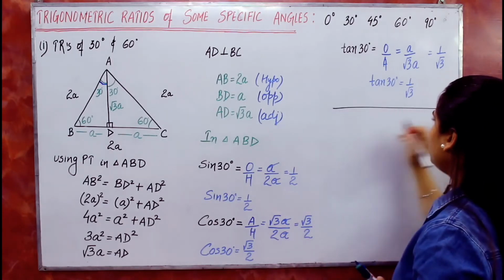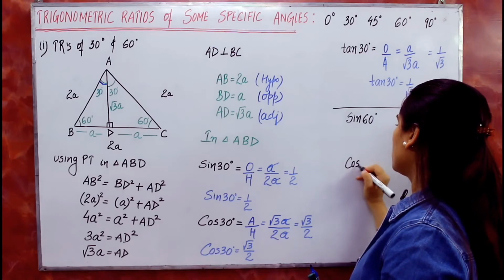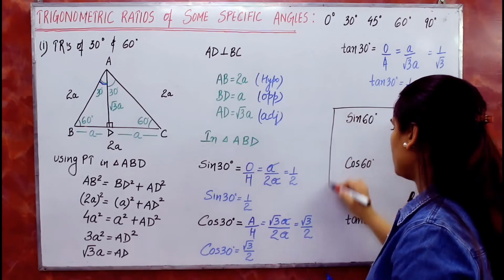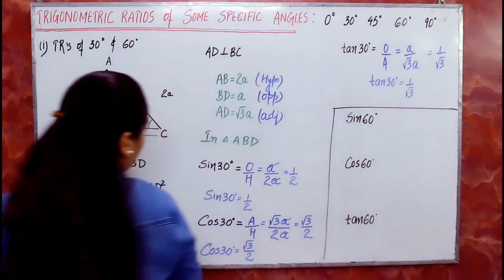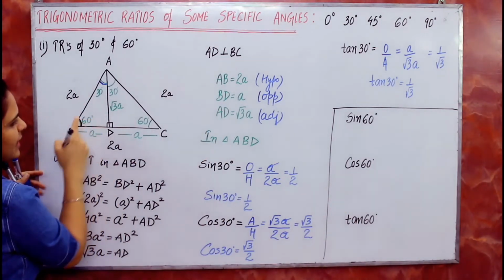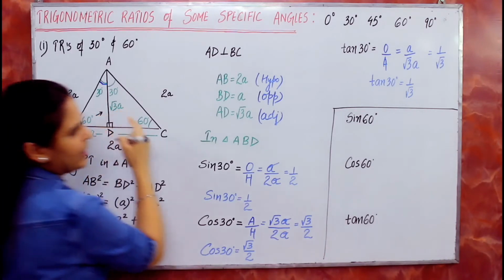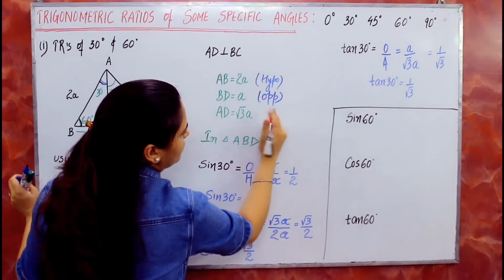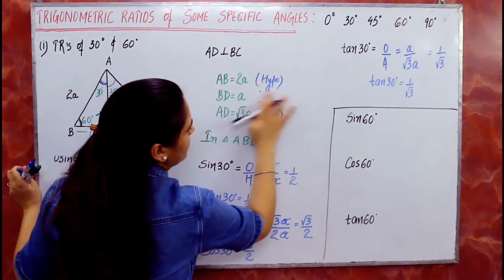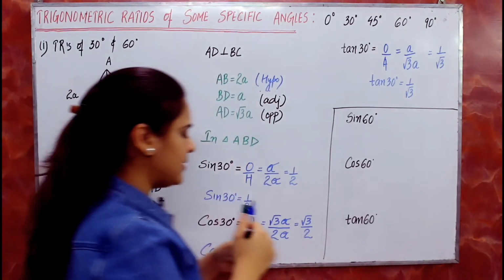Now we will find the values of sin 60, cos 60 and tan 60. When we are finding values for them, that means we are interested in this angle of 60 degree. So according to this, the opposite side will be root 3 a, and the adjacent side will be BD, whereas the hypotenuse will remain the same.